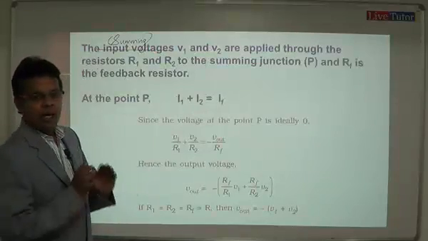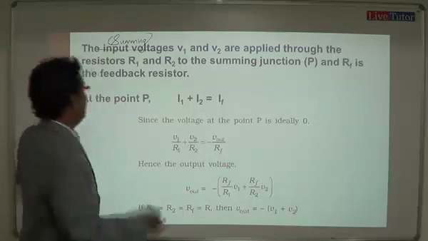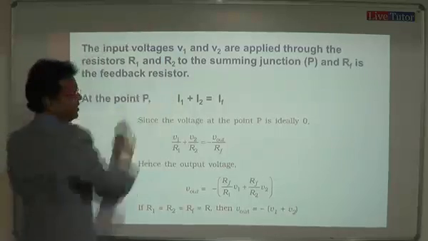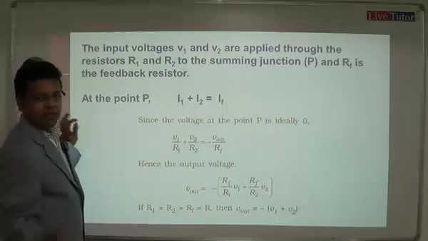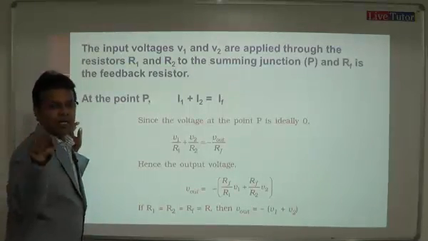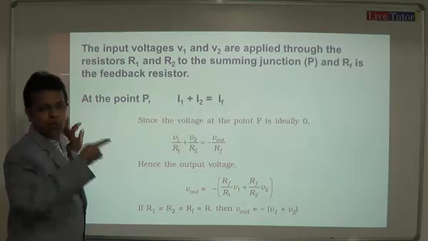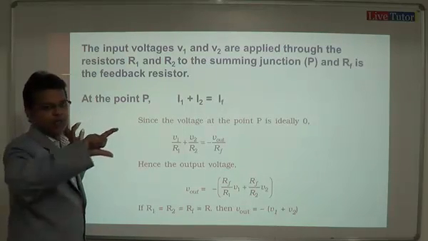Okay, now at this point, இந்த இன்வெர்ட்டிங் இன்புட் டெர்மினல் இருக்கு இல்லையா, அந்த பாயிண்ட்ல பாத்தீங்கன்னா through two resistors the current is flowing.